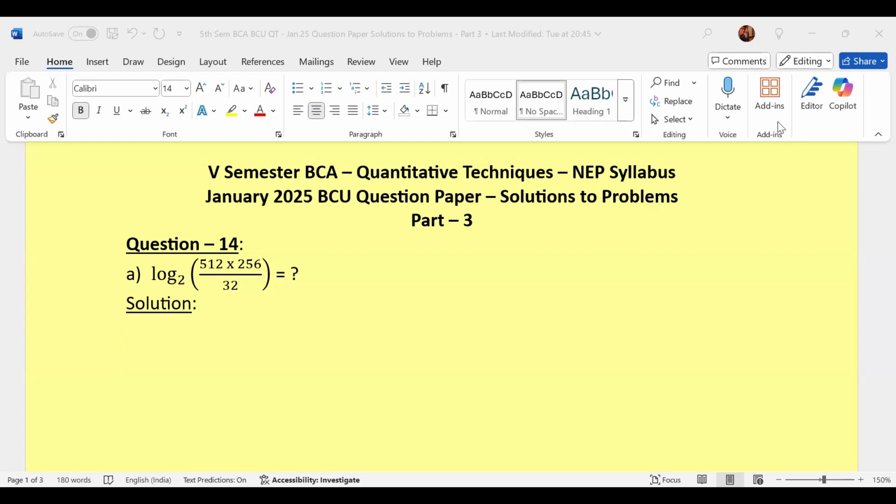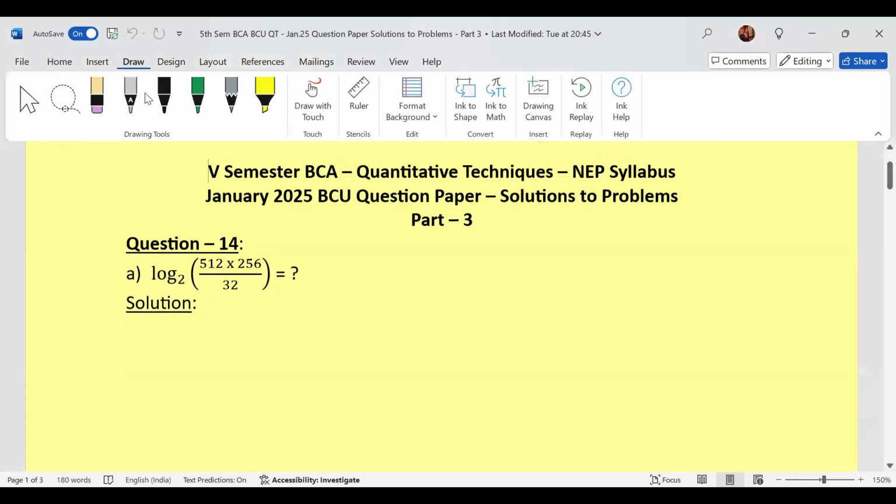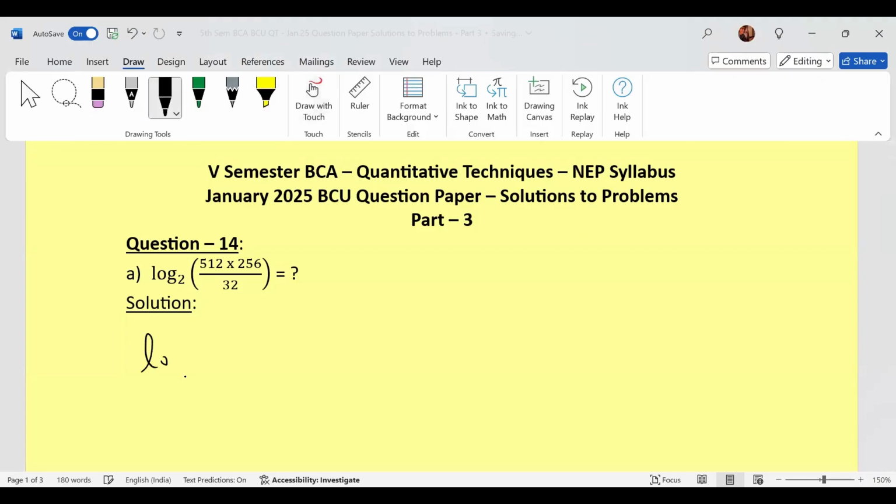So if we do that, this logarithmic expression can be written as log of 2 to the power of 9 into 2 to the power of 8 divided by 2 to the power of 5, whole thing to the base 2.